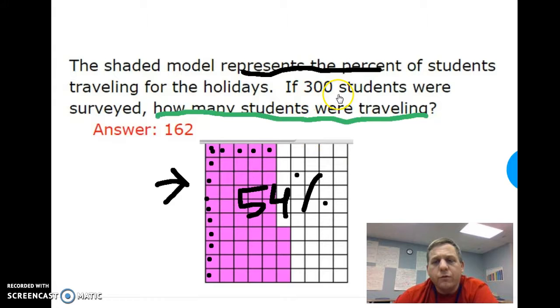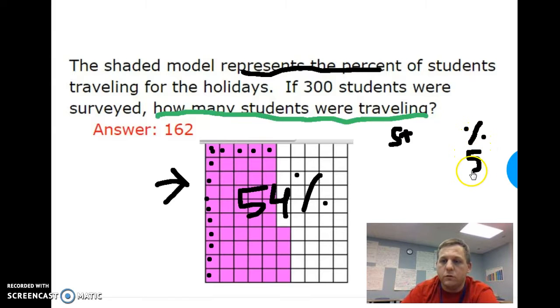I know 300 students were surveyed, and I don't know the number of students that were traveling. So I'm going to set up my proportions. I'm going to have two different ratios, students and percent. Now my percent ratio is pretty easy.